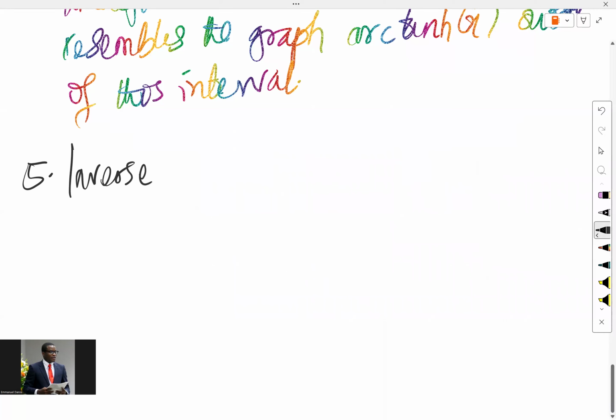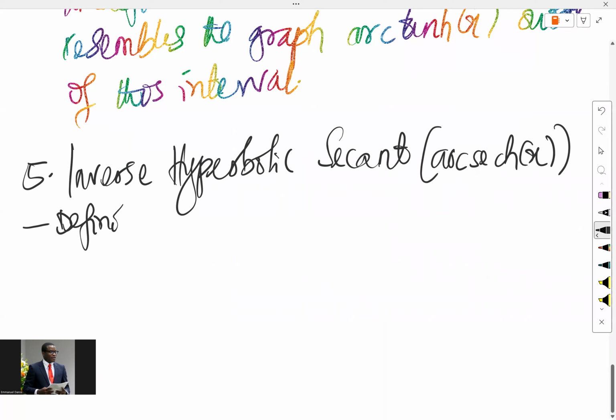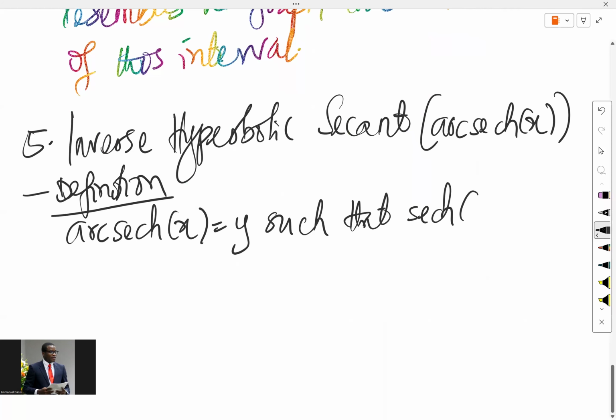Let's talk about number 5, which is inverse hyperbolic secant, which is arcsech x. Then by definition, same format, arcsech x is y, such that sech y is equal to x.